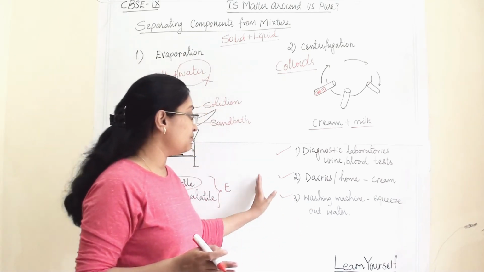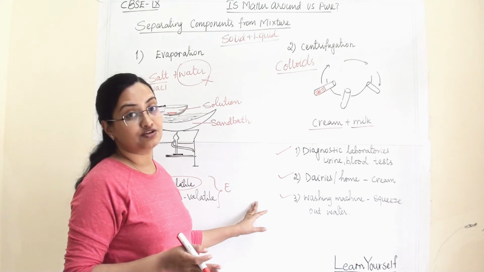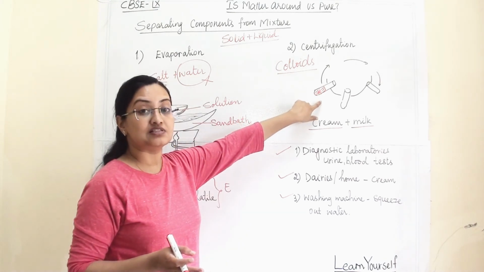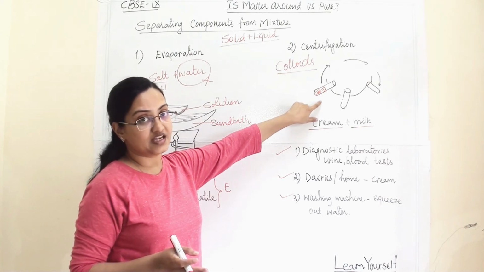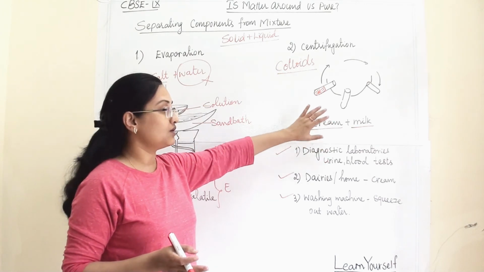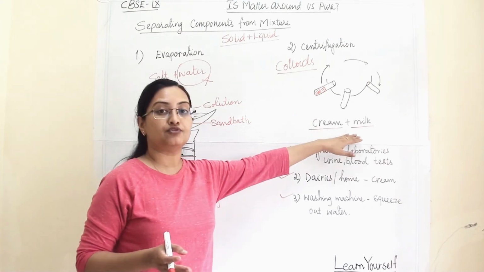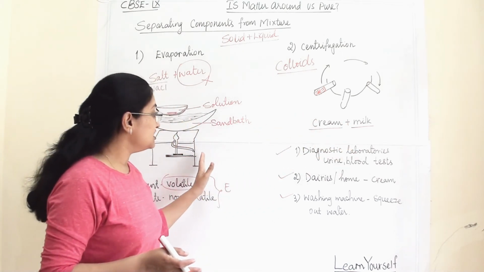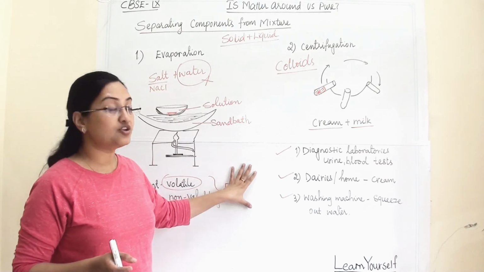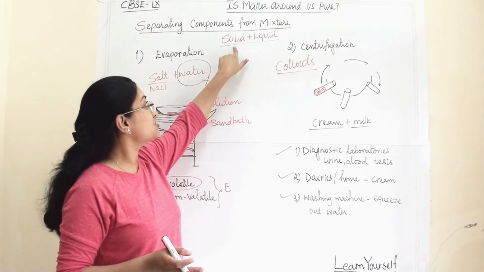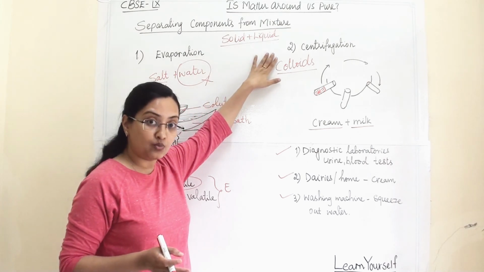So these are some important applications of centrifugation. This kind of centrifugal machine we will see in laboratories and households, and at home we also perform the same technique to separate cream from the milk. Both these techniques we utilize to separate a mixture of solid plus liquid.